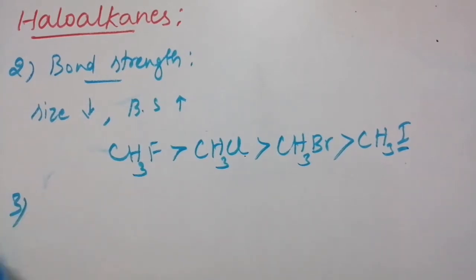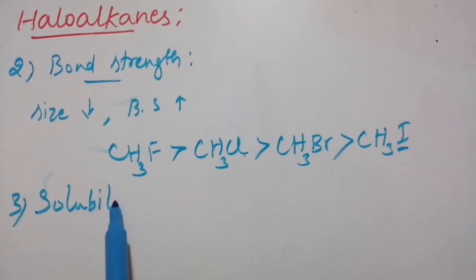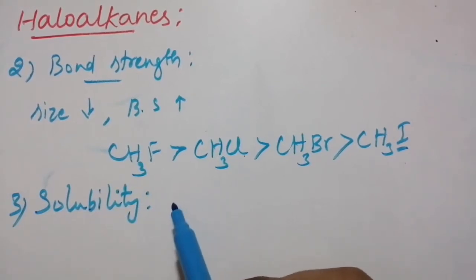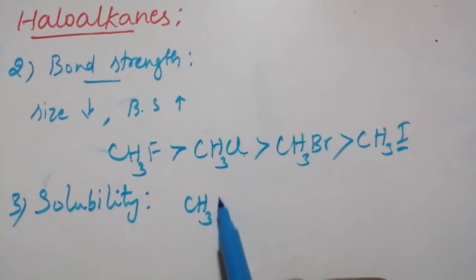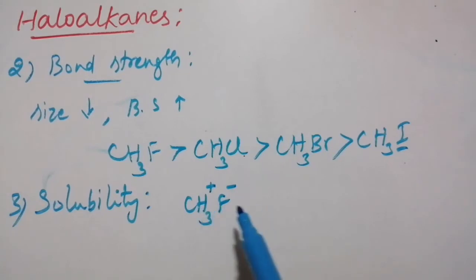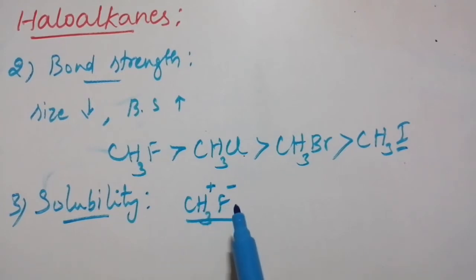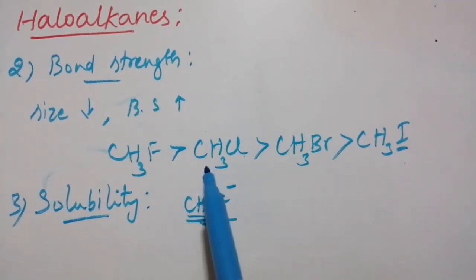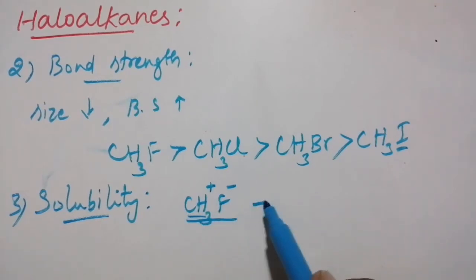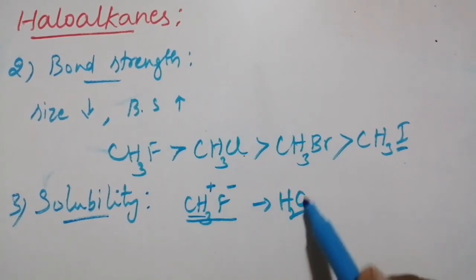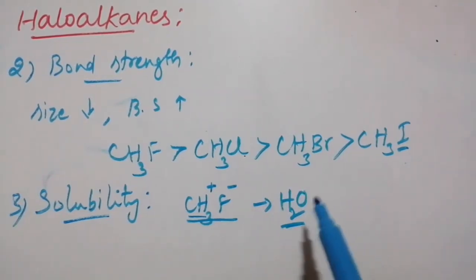The next thing is solubility. Polar means having a difference of charge, and if it has a difference of charge, it should be soluble in water. But in the case of haloalkanes, that doesn't work out. Though they are polar, they are not soluble in water. Why?